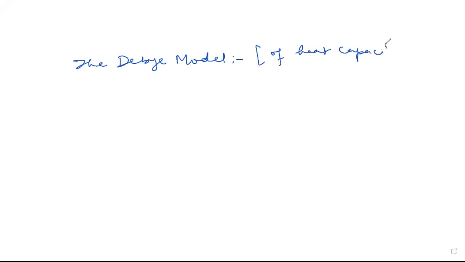Today we are going to conclude the topic we discussed partly in the previous lecture. So we will continue with that. Our topic in the last lecture was the Debye model of heat capacity of a solid.